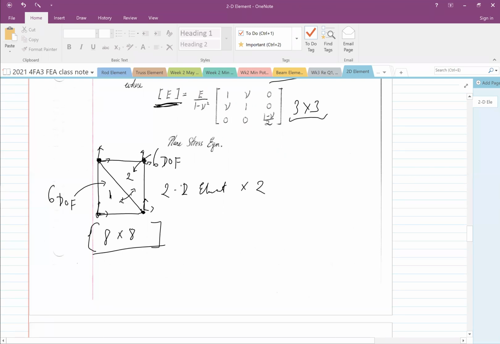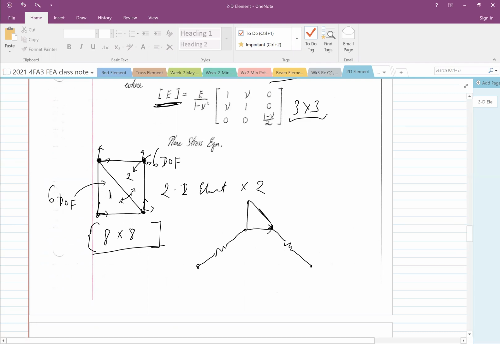That's my hint right here. If I have a truss element, and then I have a 2D element, guess what? Because they have the same degrees of freedom, I can merge them together. We only combine 2 different types of elements when they have the same degrees of freedom. That makes sense though, right?